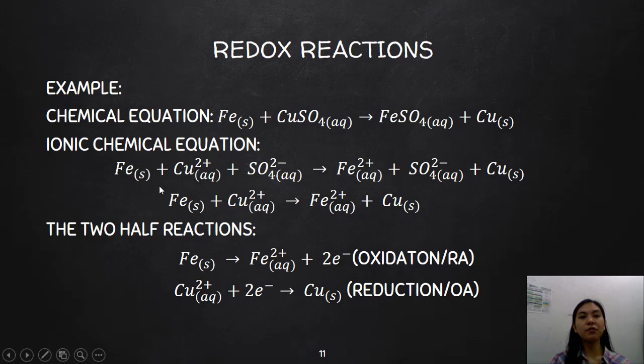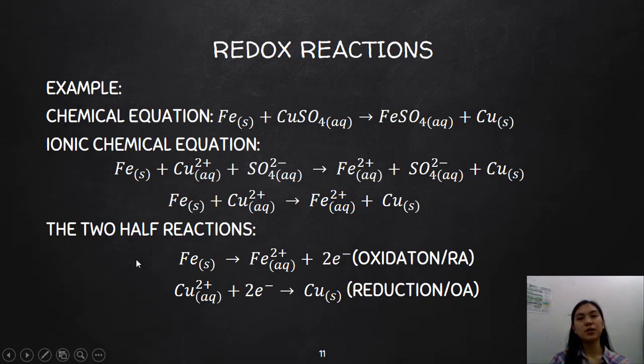Such that you will have this ionic chemical equation: iron in solid form plus copper in its 2+ ion form, yielding iron having the 2+ charge, and copper in solid form. If we rewrite the two half reactions involved, you can see that iron in solid form will yield iron in ionic form, having a 2+ charge.